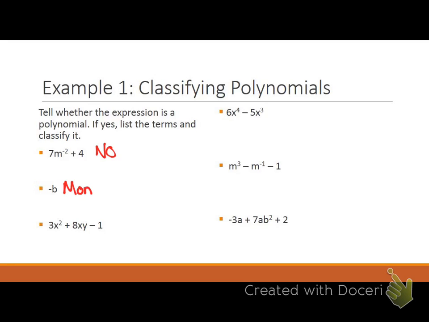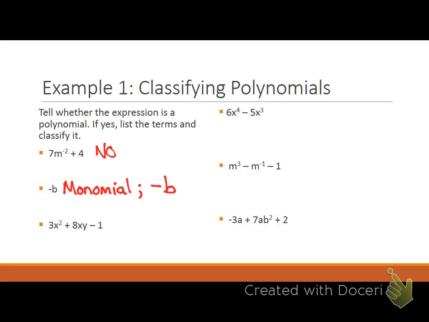So I say monomial. And then it wants us to list the terms. Basically, it's just testing whether or not we can identify the term with its sign. So if there's a subtraction sign in front of it, they want to know that you can recognize that that's negative. So look at the third one, 3x squared plus 8xy minus 1.